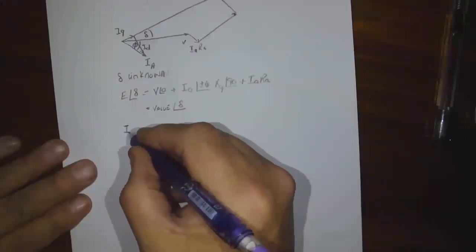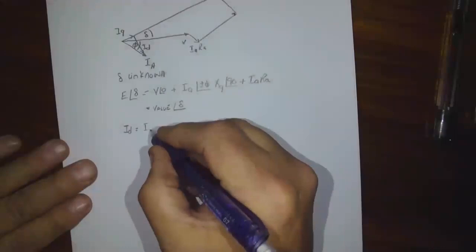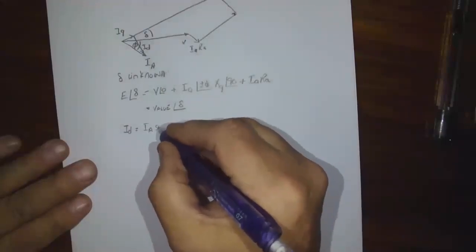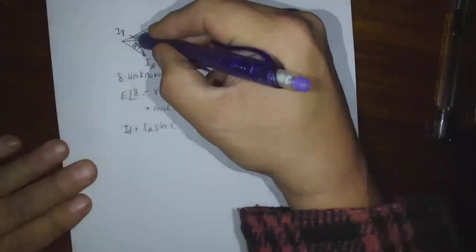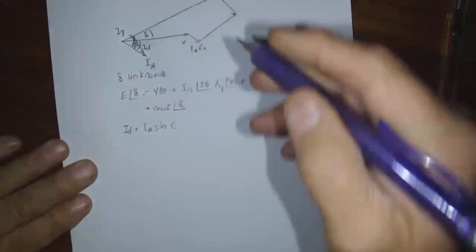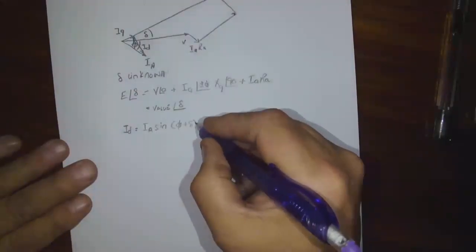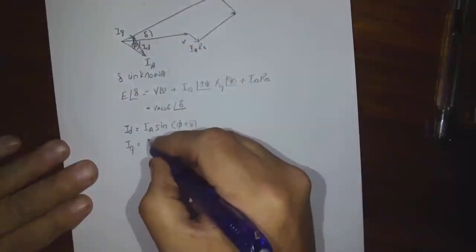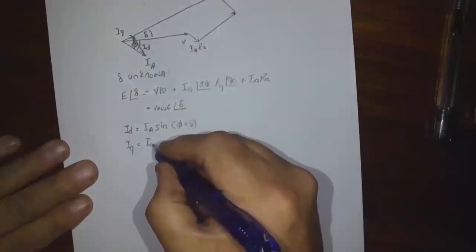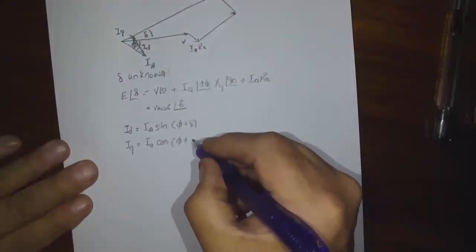So ID will be IA sine, and look, that is the angle that we are going to use, and that will be phi plus delta. And IQ is equal to IA cos phi plus delta.